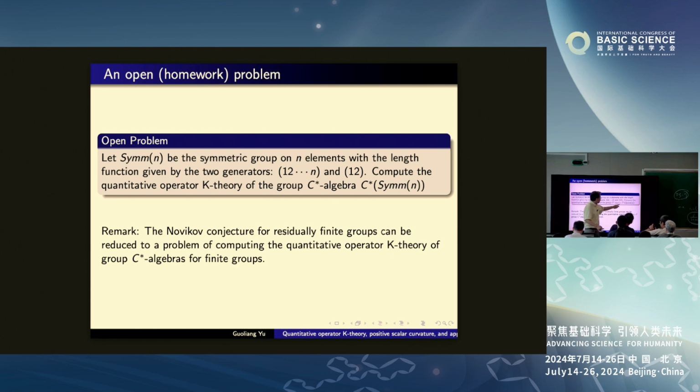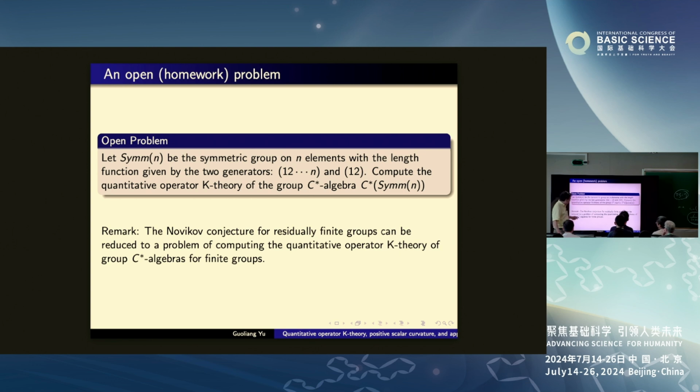Of course, we know the group algebra generated by this group. But with this length function, can you compute the quantitative K-theory? This is such a specific one. I'm sure some smart young people can do it. I don't know how to do it, but I did not try very hard.